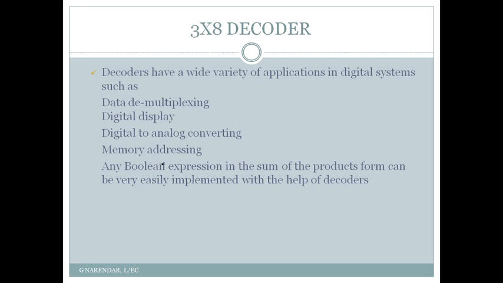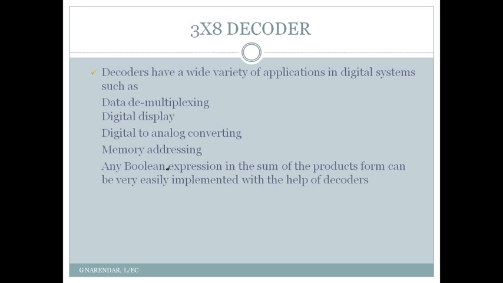And you can see that any Boolean function of n variables can be expressed as the sum of its minterms. So since our decoder is producing all the minterms, then the function can be realized by using this decoder circuit by clubbing the required number of minterms for the function.